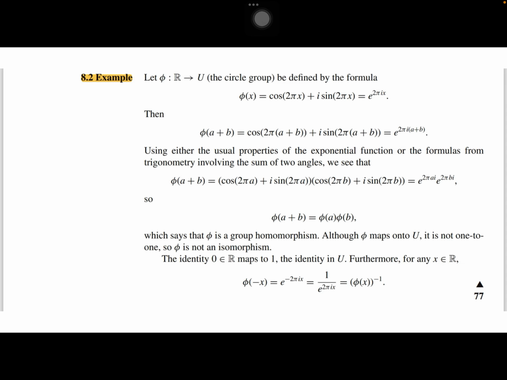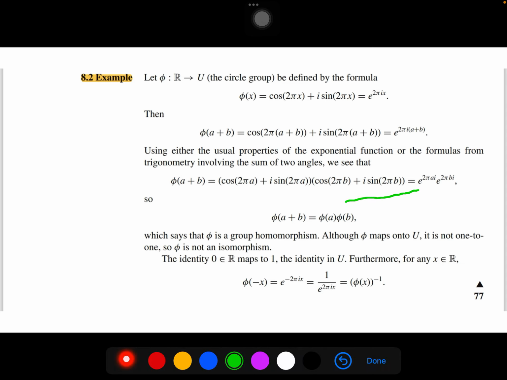So e to the pi a i is our phi of a, and e to the pi b i is our phi of b. Clearly it satisfies the homomorphism property, so we say that phi is a group homomorphism.